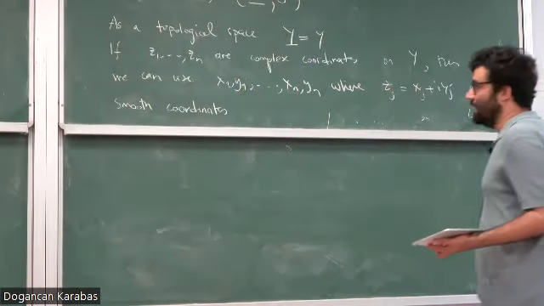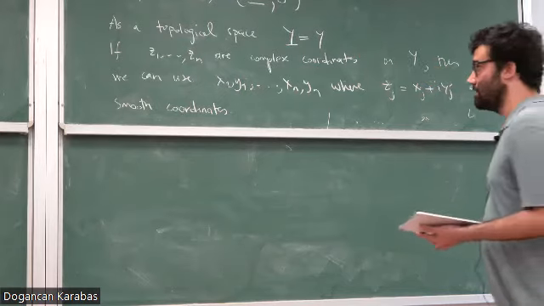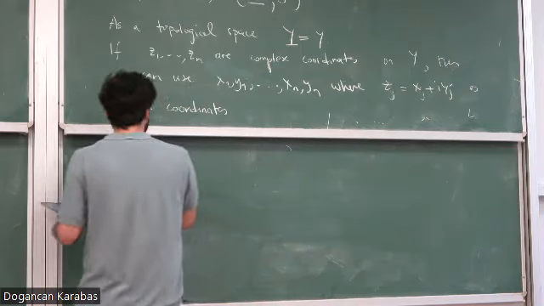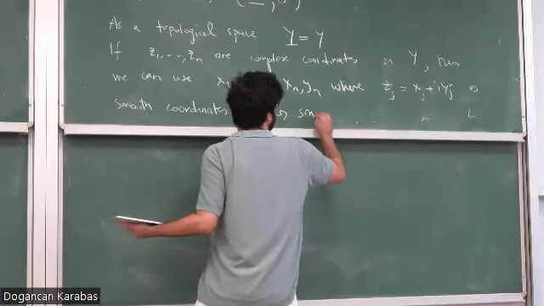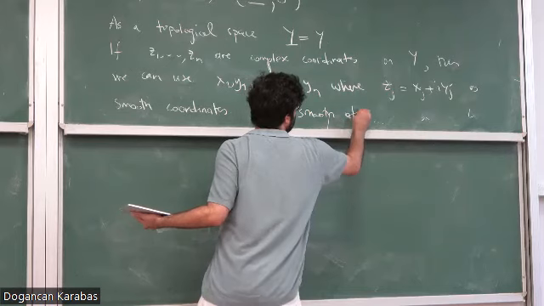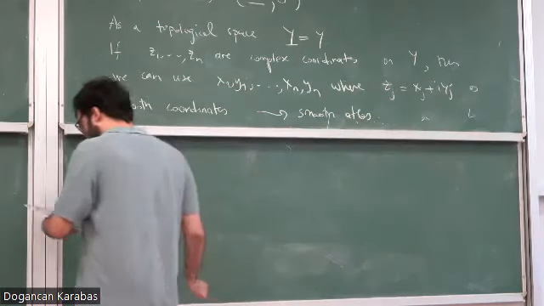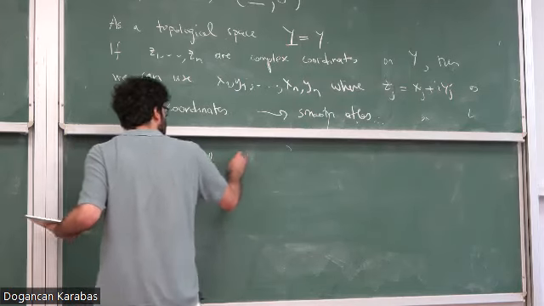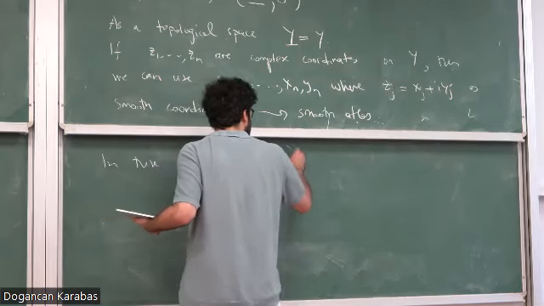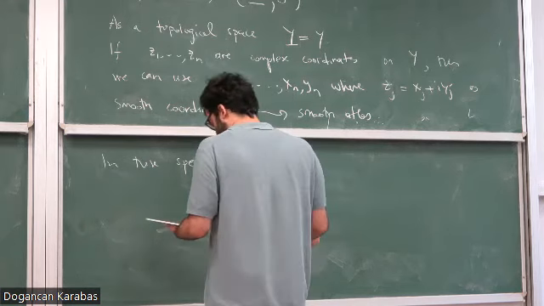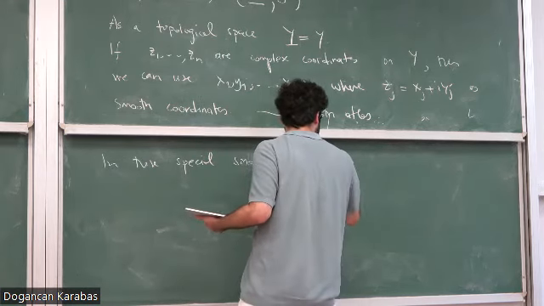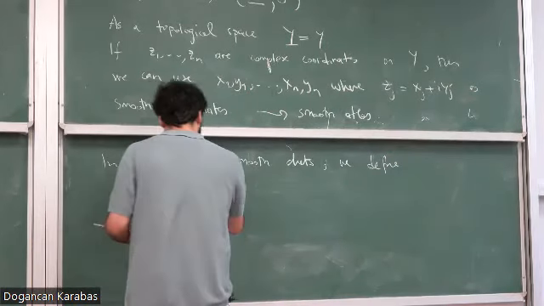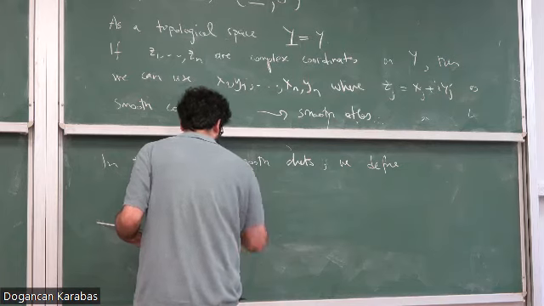And how do I obtain my operator J, this vector bundle map J? Well, we get a smooth atlas, and in these special smooth charts you define J of d/dx_j.